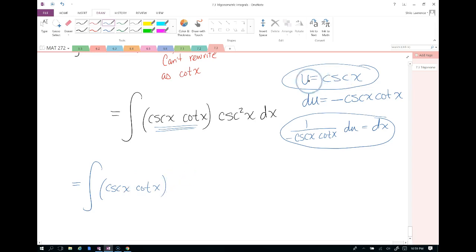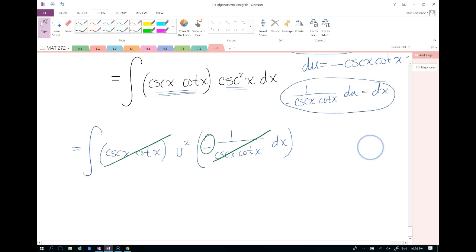I did say that I'm going to let u equal cosecant. So this piece ends up as u squared. And then the dx is going to get replaced with negative 1 over cosecant cotangent. And it works out nicely that this cosecant cotangent cancels with this one, but we still have the negative.